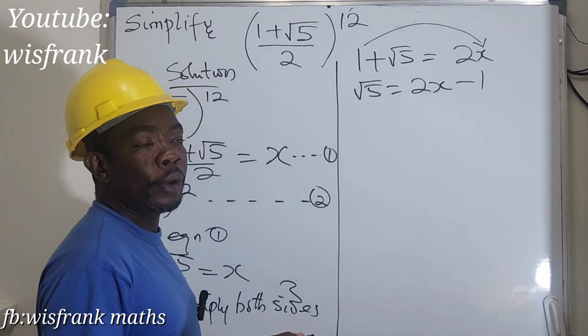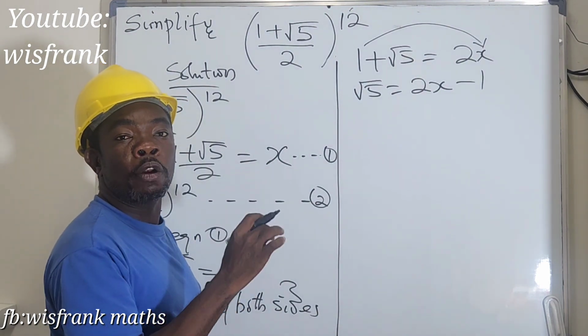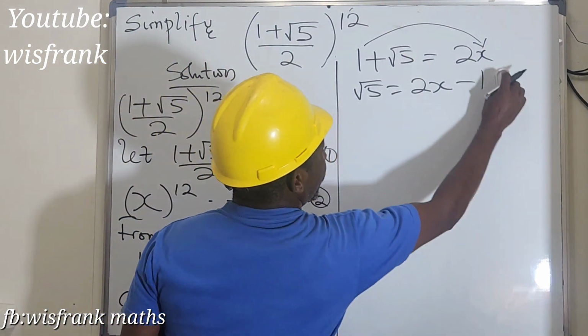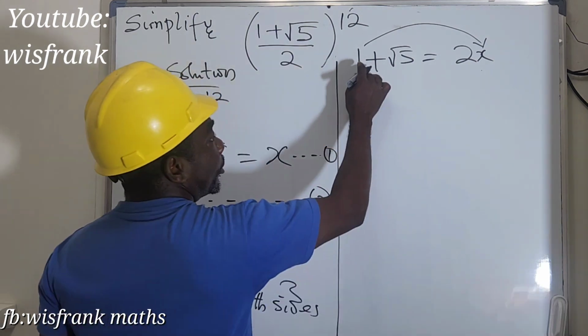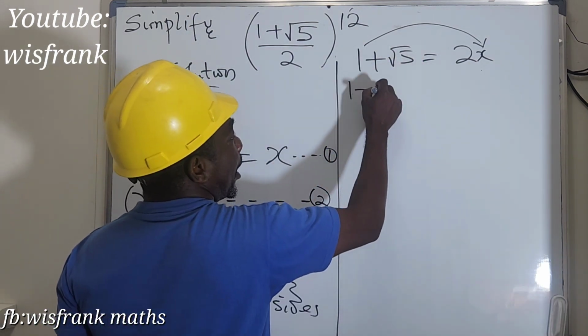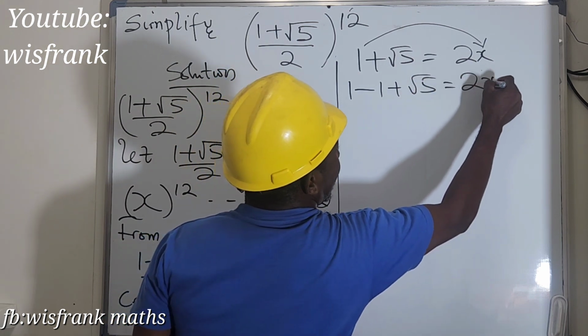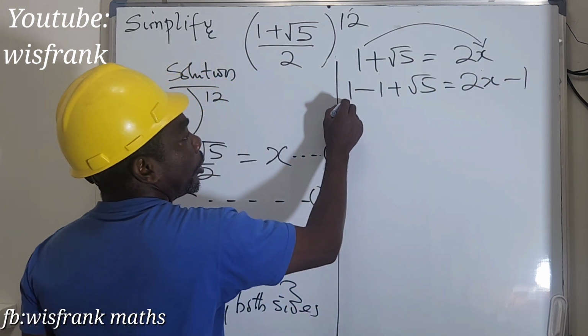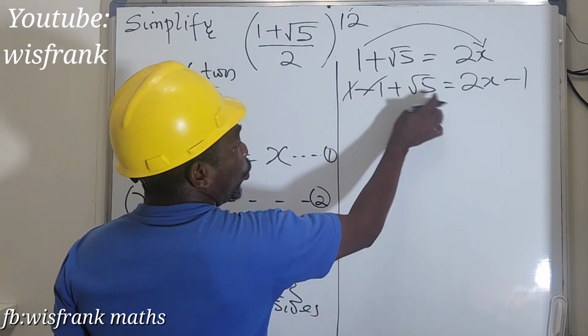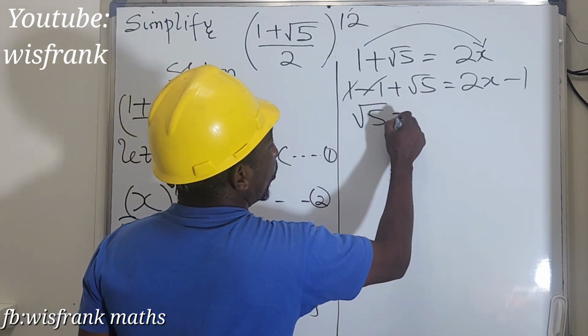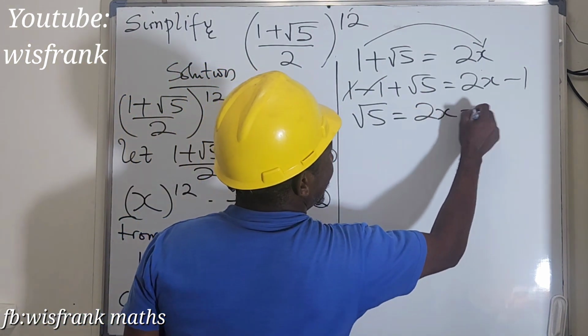Or the other way around, you can say subtract 1 from both sides. If we use that method, subtracting 1 from both sides gives 1 minus 1 plus root 5 equals 2x minus 1. So this will cancel here, and we know this will become root 5 equals 2x minus 1.